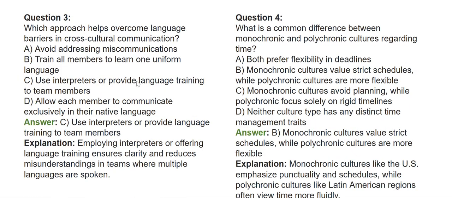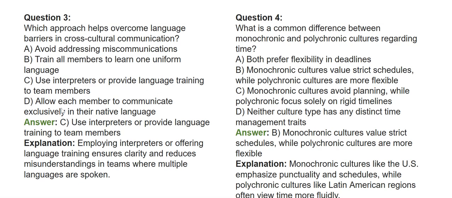Question three. Which approach helps overcome language barriers in cross-cultural communication? A, avoid addressing miscommunications. B, train all members to learn one uniform language. C, use interpreters or provide language training to team members.